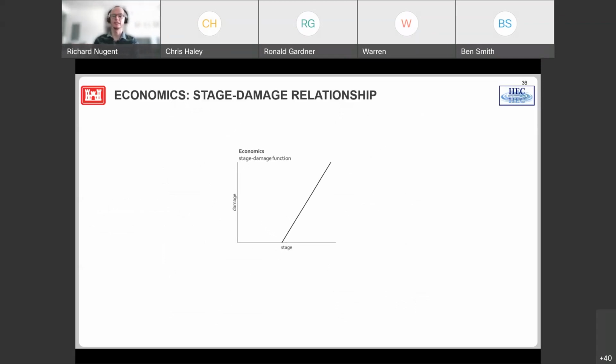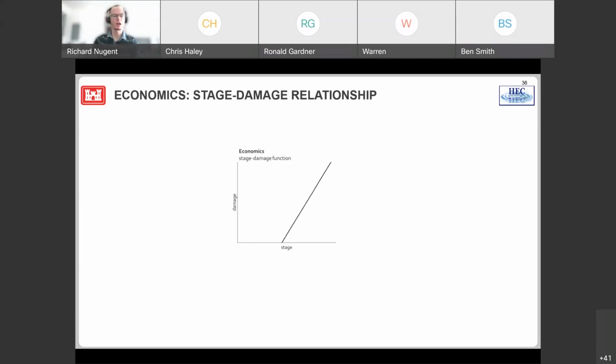So recall that the stage damage relationship describes the level or the distribution of damage measured in dollars at a given elevation or stage of flooding. And this is primarily an economics input relationship. Once we have this, the combination of hydrology, hydraulics, and economics results in the damage exceedance relationship, which we integrate to get expected annual damage, our measurement of risk.